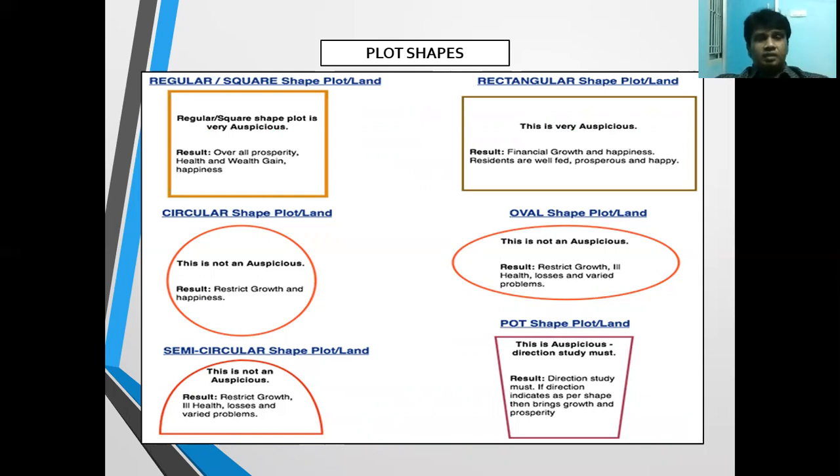If the plot is circular, oval, semicircular, or pot shaped, then automatically our growth tends to be restricted, health is lost, and wealth is lost. That's why they say you can go for a square shaped or rectangular shaped building.